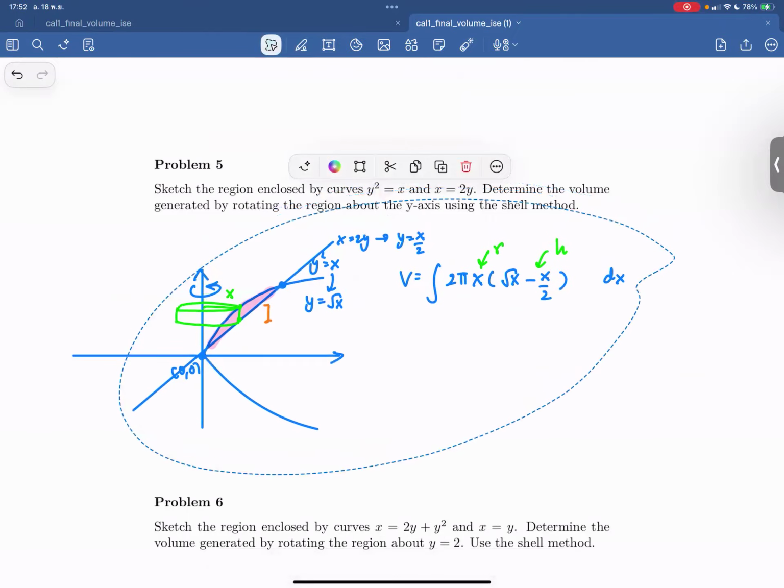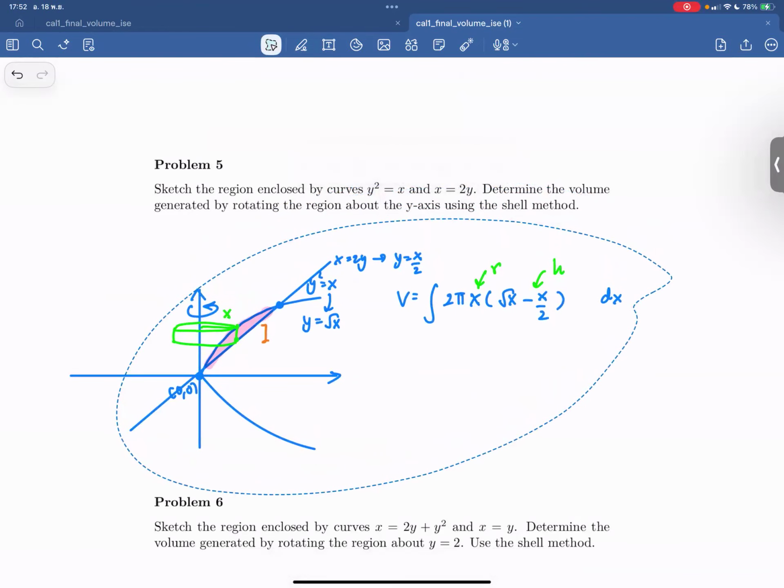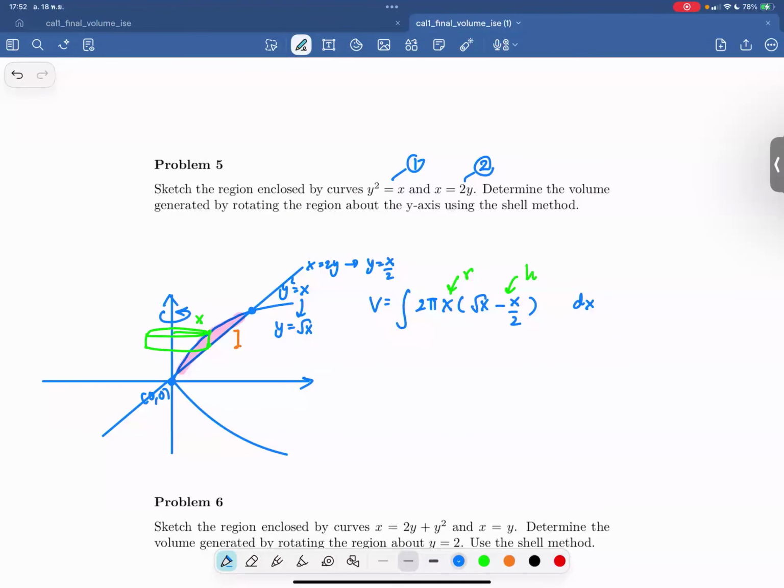So I will try to solve the system. Because we only need the value of x, I may replace the variable y with y equal to x over 2, right? We substitute 2 into 1, and we get (x over 2) squared equal to x.